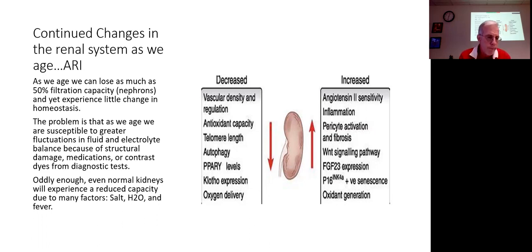So even in a normal kidney, as we age, there are so many reduced capacities, and I guess it's that way with everything. Kidneys shrink, our ability to handle salt and other electrolytes diminishes, and how our system handles excess water just doesn't function properly anymore.